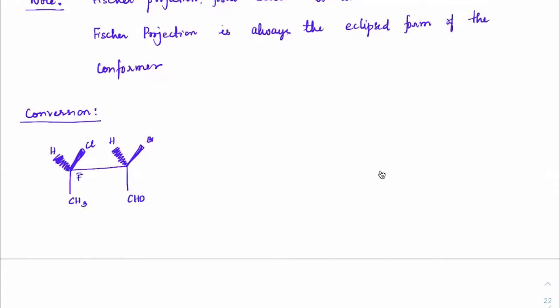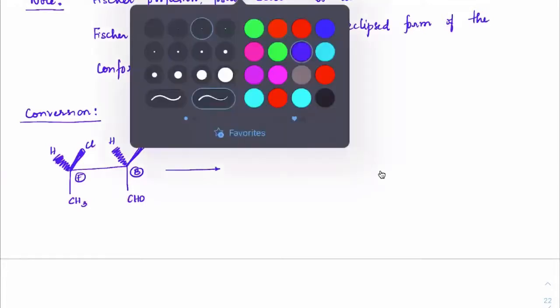This is the front carbon, this is the back carbon. First, let me write it into Sawhorse projection. You can clearly observe that this is an eclipsed form because all of them are facing each other.